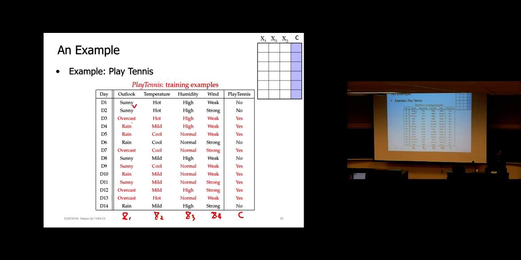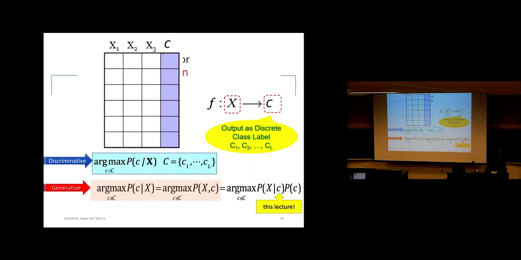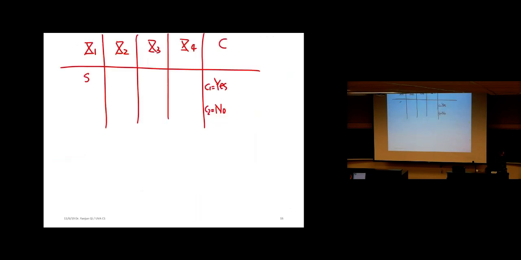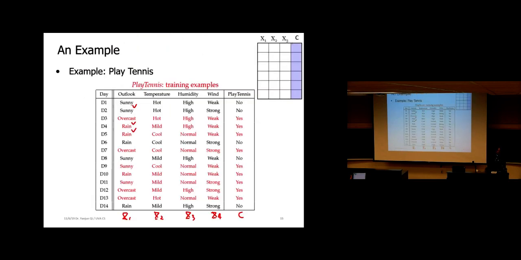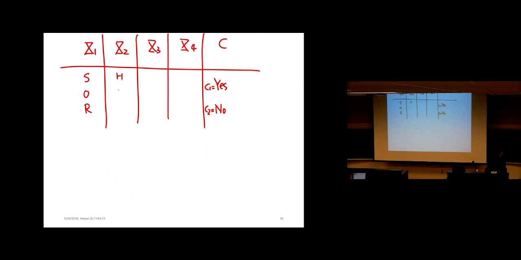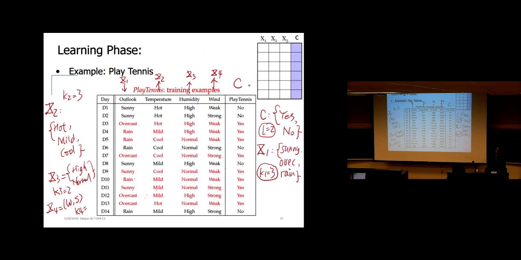Sunny, overcast, and rain, only 3, written as S, O, R. For x2 we have hot, mild, and cool, H, M, C. For x3 it is high and normal, only 2.